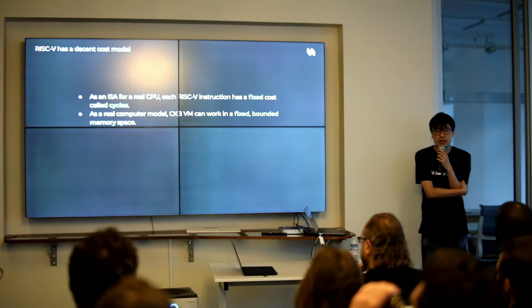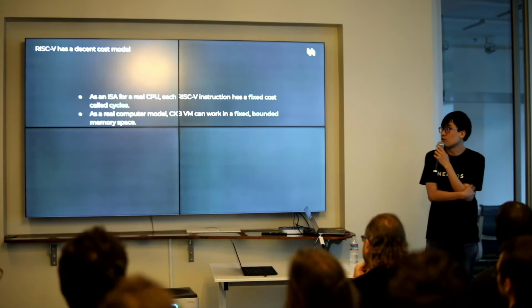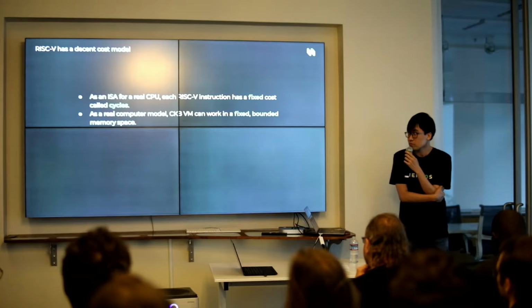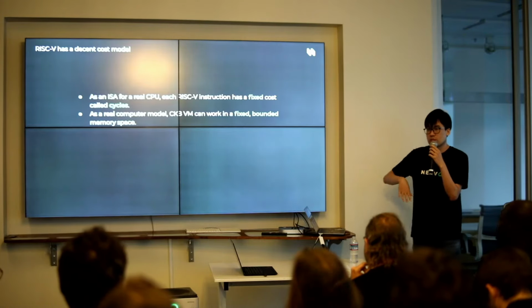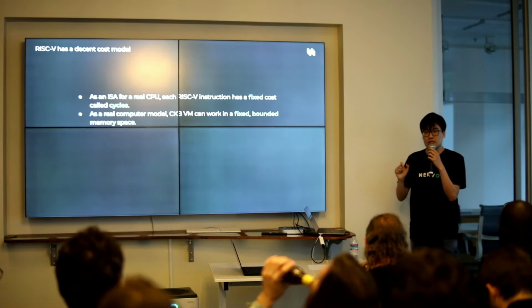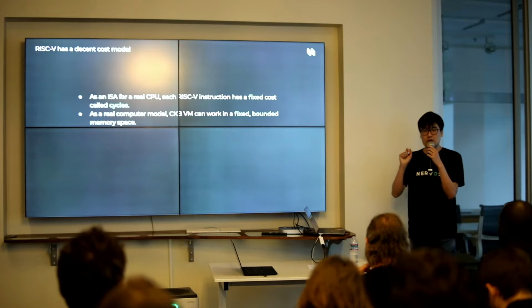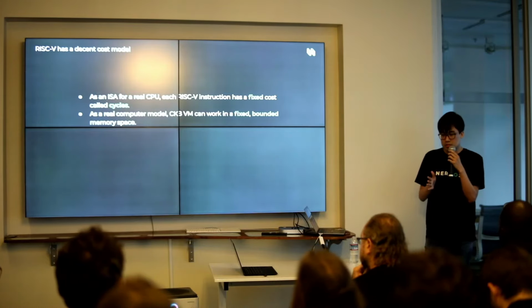And as I mentioned earlier, we believe a good blockchain virtual machine should also have a distinct cost model. As it turns out, for RISC-V, there's a very natural cost model, because every single instruction running in the CPU has an associated cost, which is called cycles. It's only determined by the instruction you write.